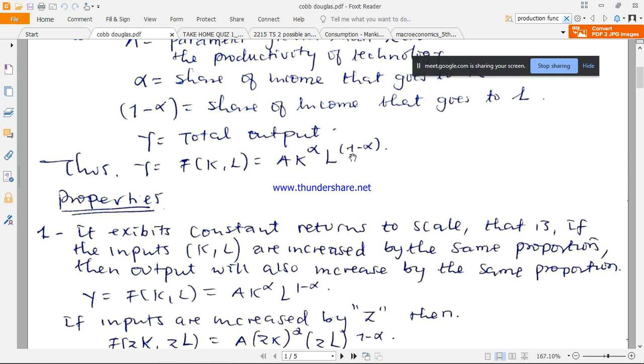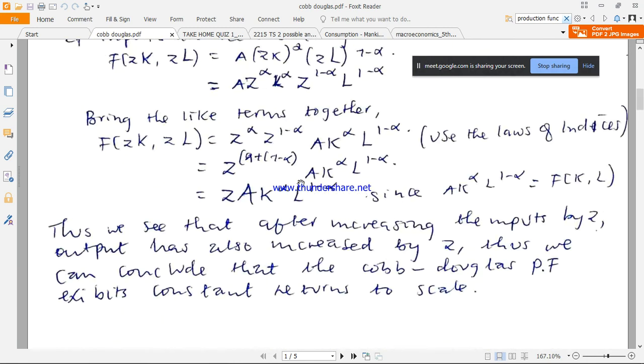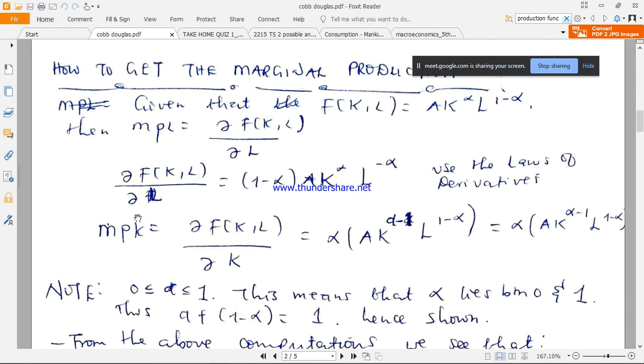It is part of the formula. That is why, when I was differentiating with respect to capital, I left it the way it is, because I'm not differentiating with respect to labor. I'm differentiating with respect to capital, which means the only exponent I can play around with is that of capital. That's why I've got alpha minus 1 here. I don't know who asked the question. Okay, are you now clear?